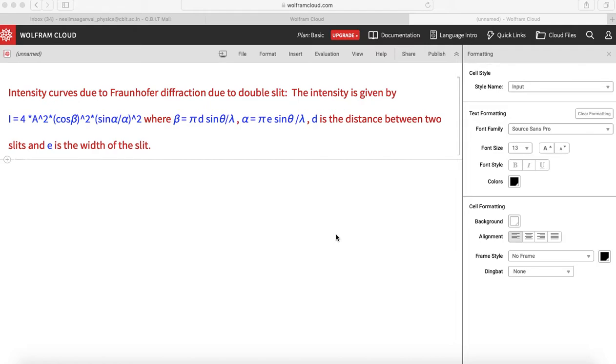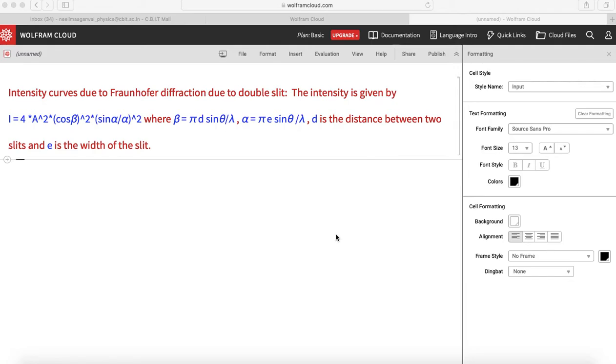And then we discussed that if we take two slits instead of one, we get the resultant intensity as 4a square cos square beta (sin alpha by alpha) whole square, where beta is pi by lambda d sin theta, d is the distance between the two slits, and alpha is pi by lambda e sin theta, where e is the width of the slit.